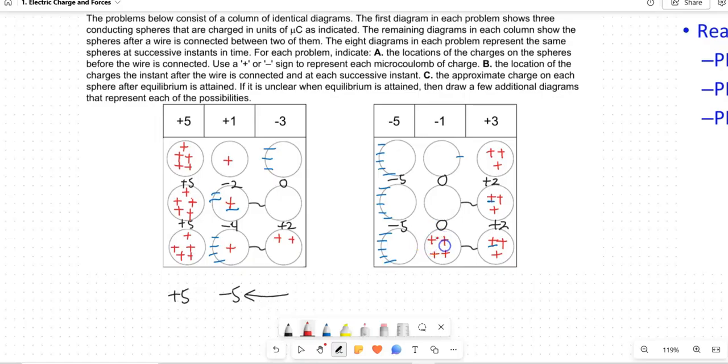So I'm pulling 4 from that neutral, and now those electrons, so 1, 2, 3, 4 are going to probably move over here, be kind of attracted to here, maybe repelled, I'm not sure.